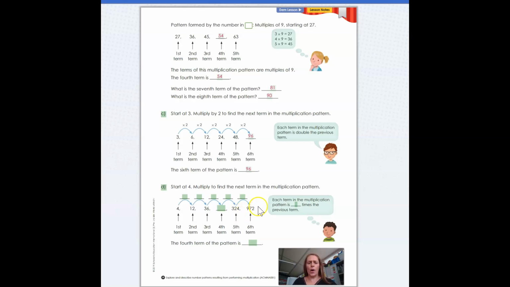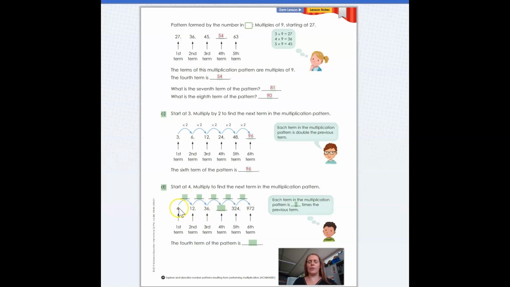So this is quite beyond the 12 times table, correct? What do we know? We know 4 times 3 equals 12. Does 12 times 3 equal 36 though? Let's see. 12 plus 12 is 24, plus another 12 is 36. So I'm guessing that these are all multiples of 3.